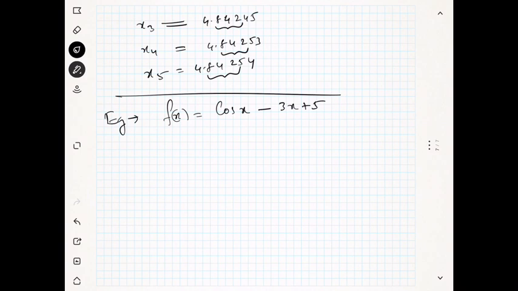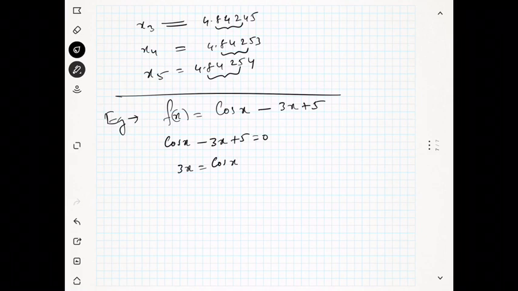You can equate cosine x is equal to 3x minus 5, or else you can write cosine x minus 3x plus 5 equal to 0. So 3x is equal to cosine x plus 5, right? So x is equal to cosine x plus 5 over 3, and you can proceed like this.